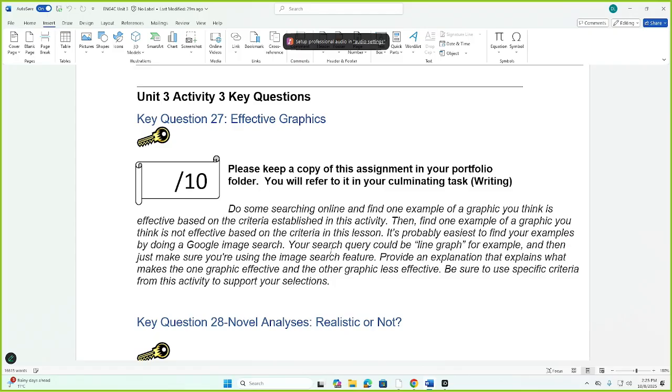This should help you out quite a bit in setting up your criteria when you go searching for your own graphics on the internet. So, this is what you will need to do for key question 27.